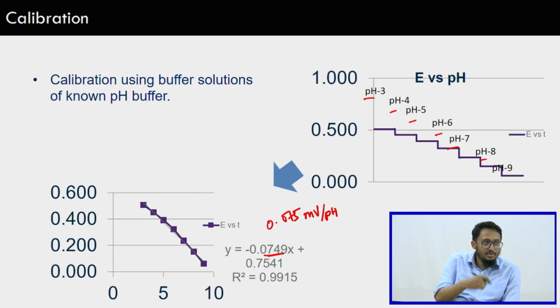For every 1 unit of pH change, your potential will change by 0.075 volts, or in other words, this is equal to 75 millivolts per pH. So for every unit pH change, you would have a 75 millivolt change in voltage.